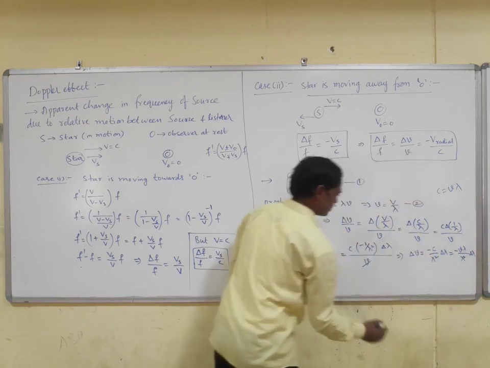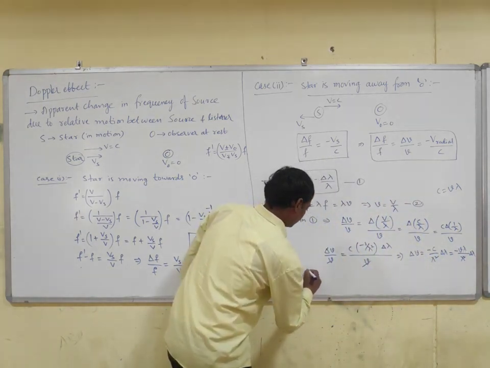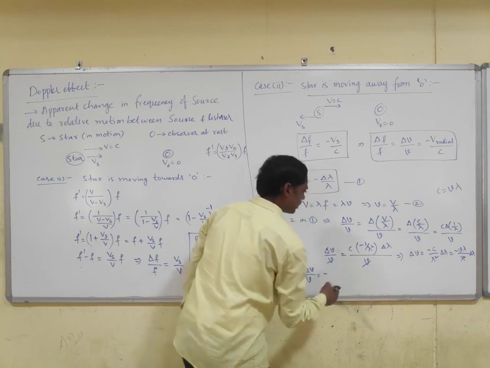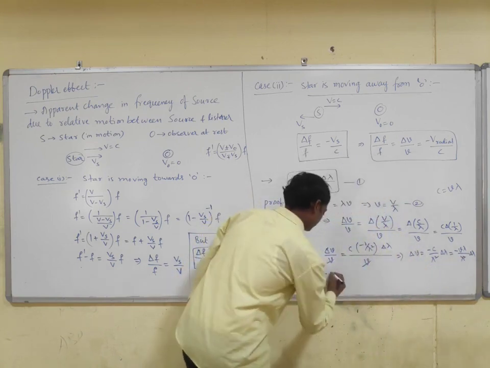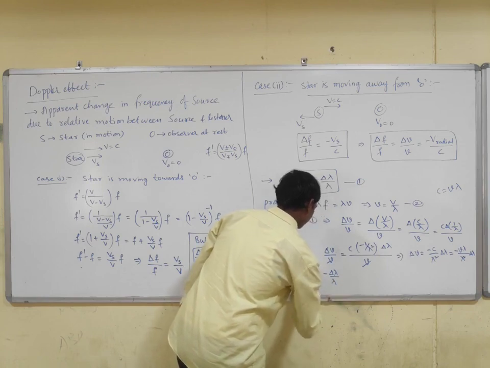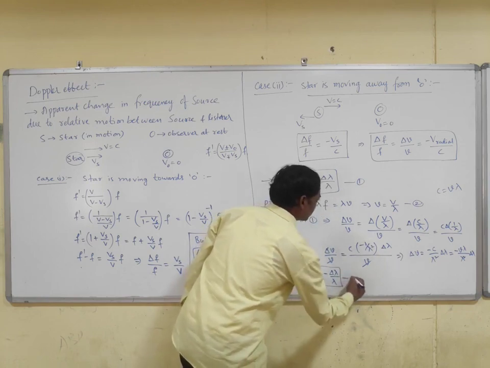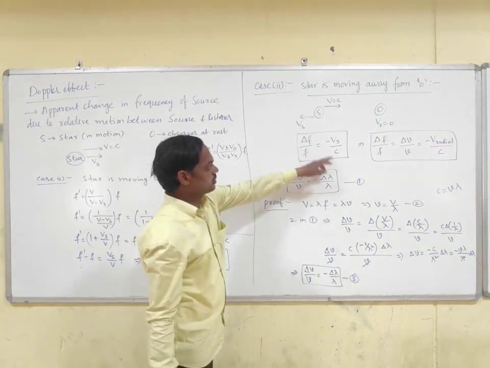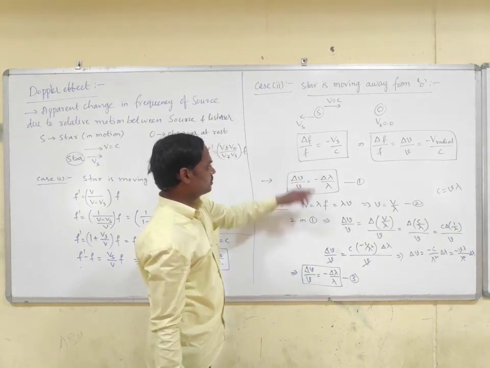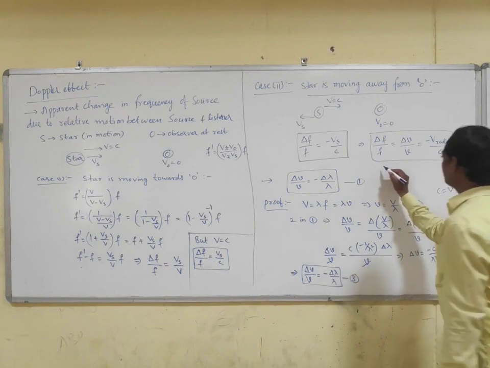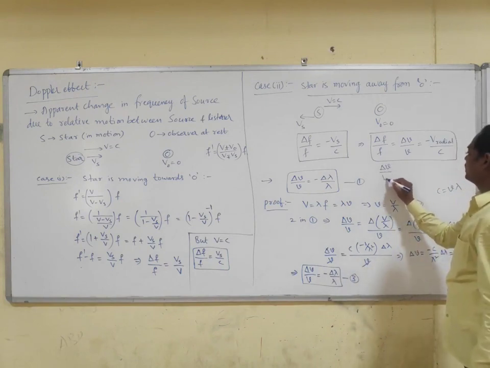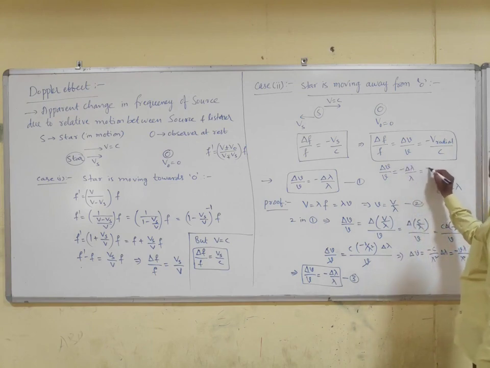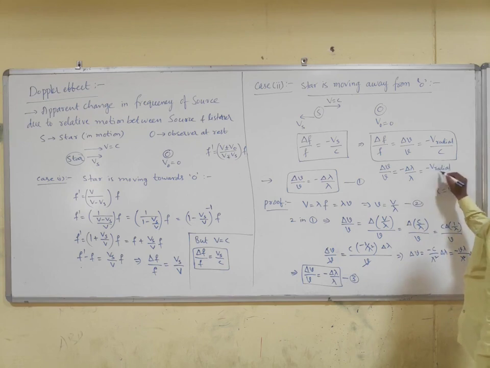So delta nu by nu is equal to minus delta lambda by lambda. This is equation 3. From this we can connect it with 2, so delta f by f or delta nu by nu is equal to minus delta lambda by lambda is equal to v radial by c.